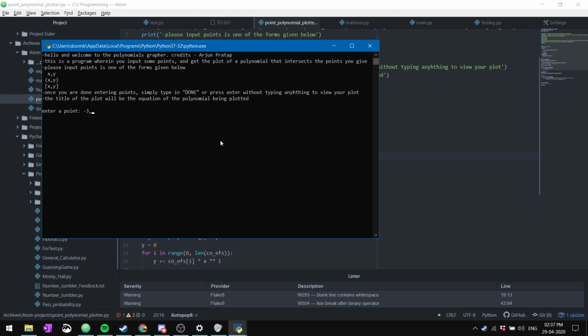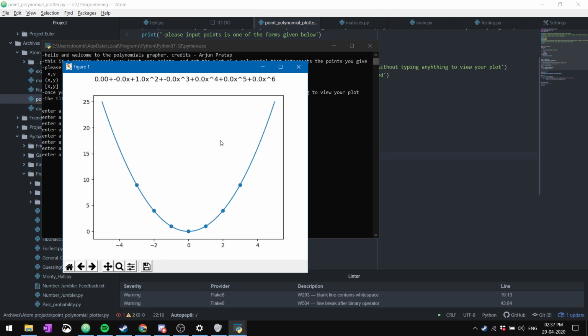So if you have 3, and then minus 3 squared is 9, you have minus 2 squared is 4, you have minus 1 squared is 1, (0, 0), (1, 1), (2, 4), and (3, 9). I could do more, but if I draw this, see, it's a perfect parabola. And this is the equation of the parabola.